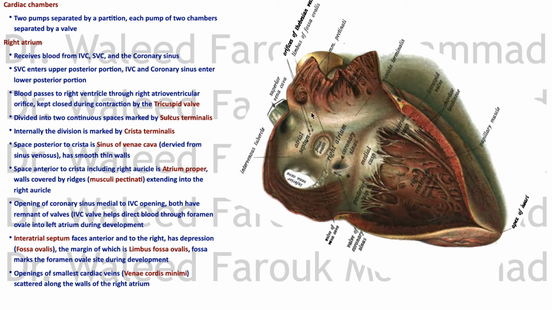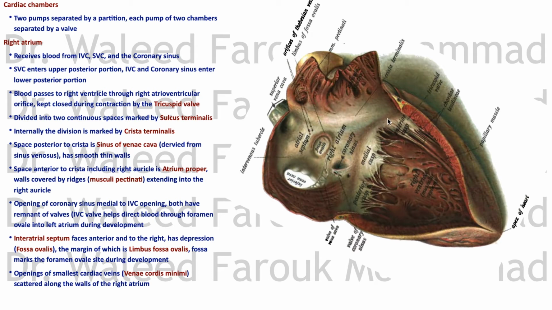What you see here is actually the interatrial septum. It is the posterior wall of the right atrium, and at the same time it's the anterior wall of the left atrium. Now you're oriented, right? Because we're looking directly through from the front through the right atrium. We are cutting the anterior wall.